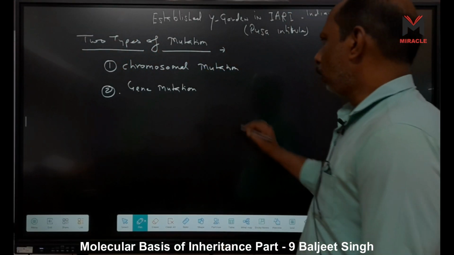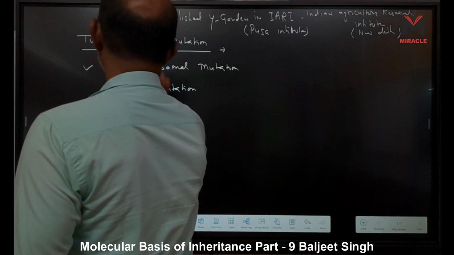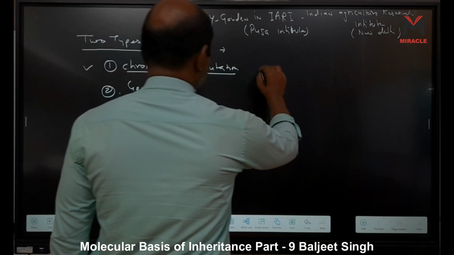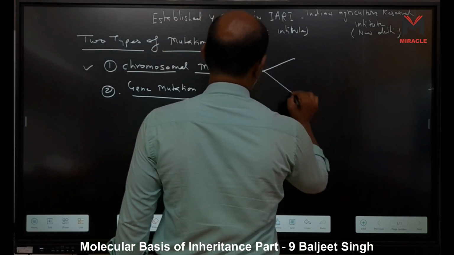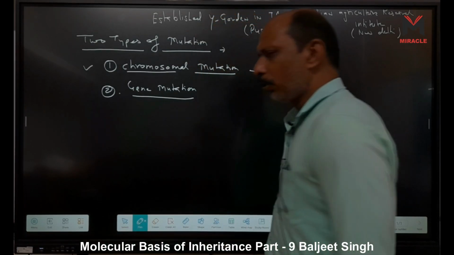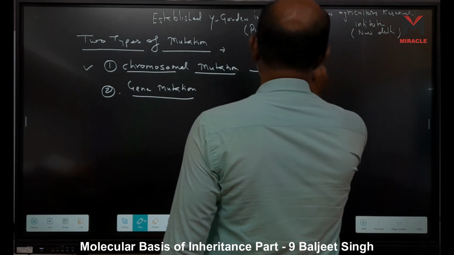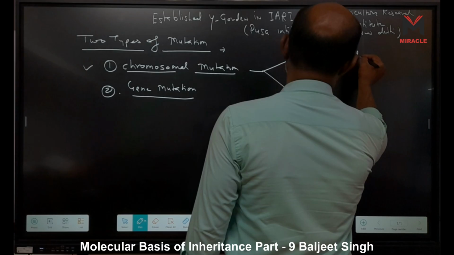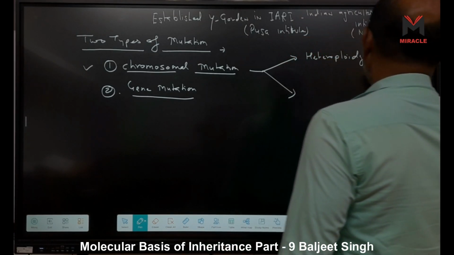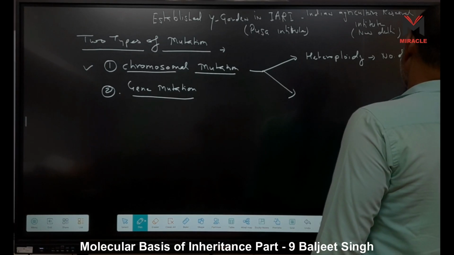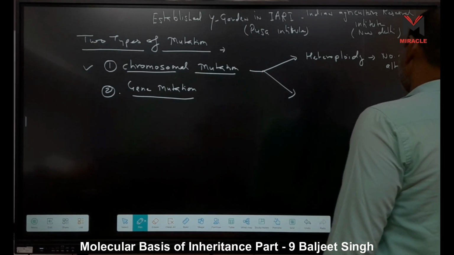The first one is chromosomal mutation. This mutation is also two types. First is heteroploidy, where the number of chromosomes is altered, right?